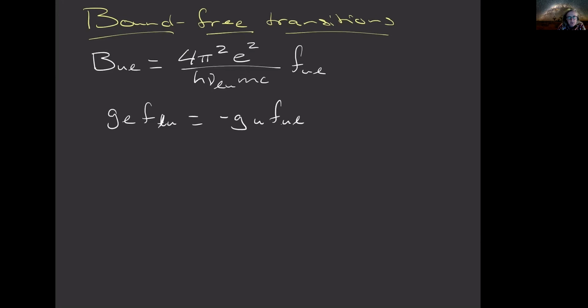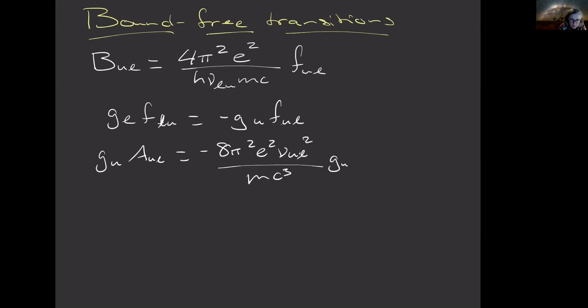And we can then write the A coefficient in terms of the emission or the absorption oscillator strengths. And this comes through as g_U times A_UL is equal to minus 8 pi squared e squared nu_UL squared over m c cubed g_U f_UL.